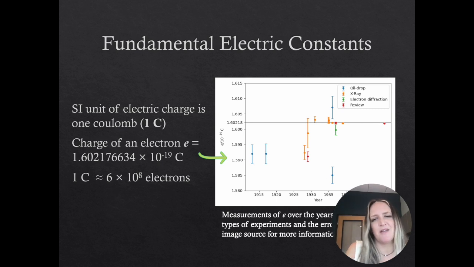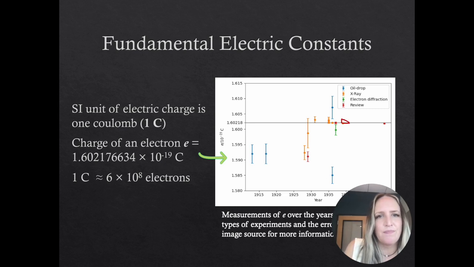And this is just a fun graph that shows you, for roughly the past 100 years, how close we've come to this value, and how our experimental methods have changed over the years. You can see big error bars, and now here you barely see any error bars.